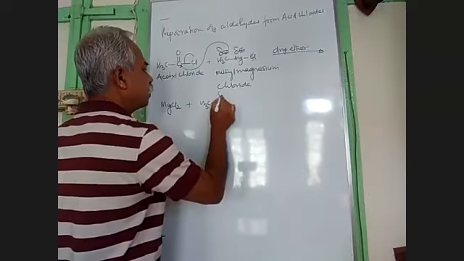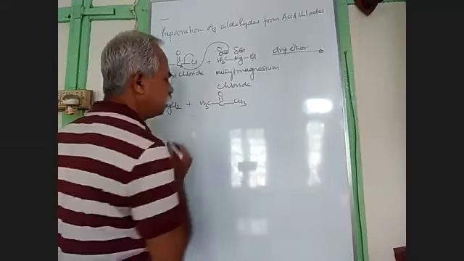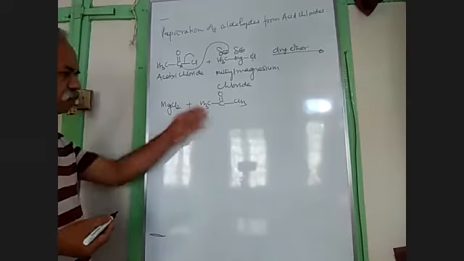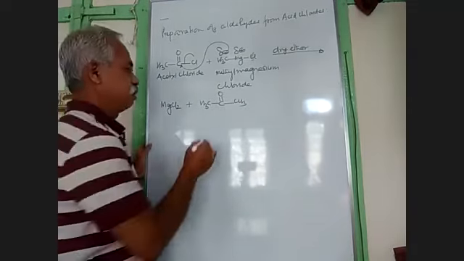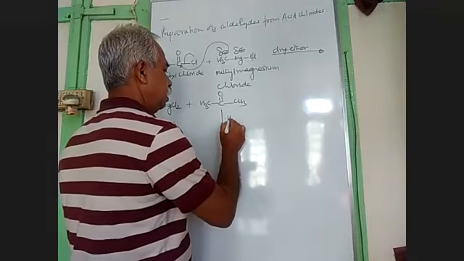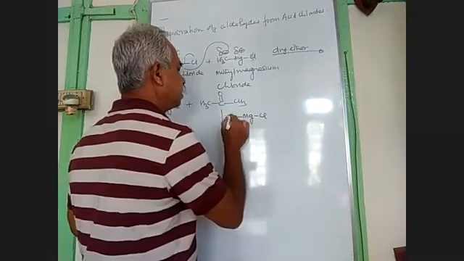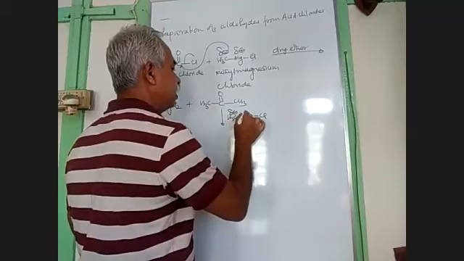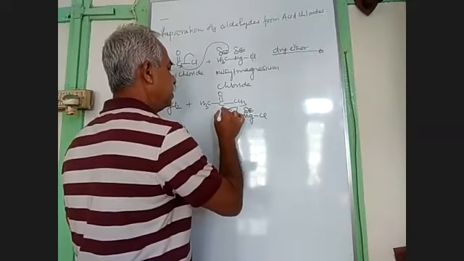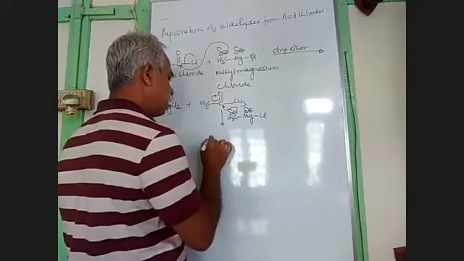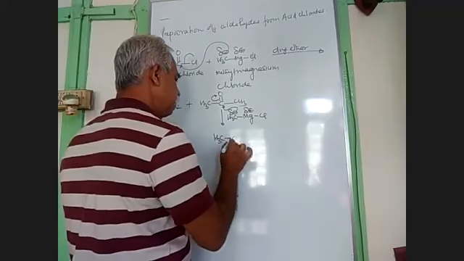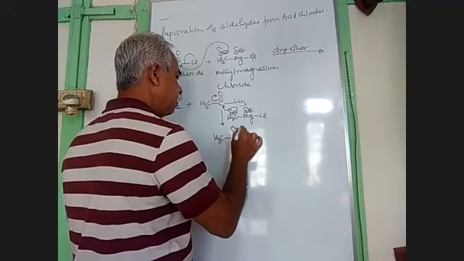So I am wrong. Whatever I told you, and you also have written, it forms ketone, but immediately it reacts with another molecule of Grignard reagent. See, it will go in a time. So what you are going to get? You will get here OMgX.